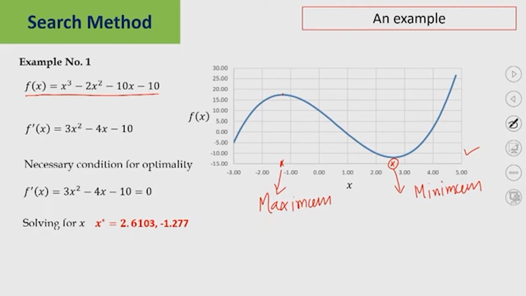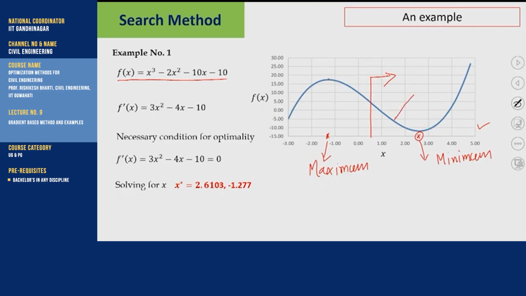Now, if I say that the search space is between minus 3 and plus 5, in that case this is not a unimodal function. There is more than one optimal solution. But if I take only this portion, from 1 to 5, that is a unimodal function.